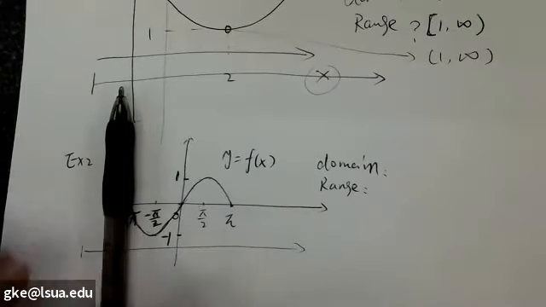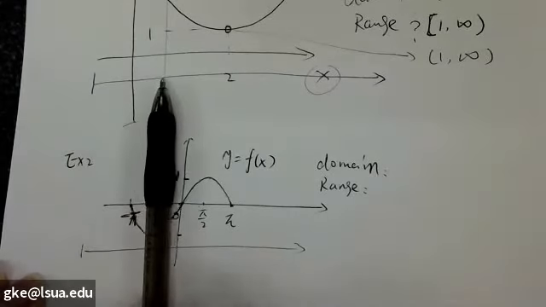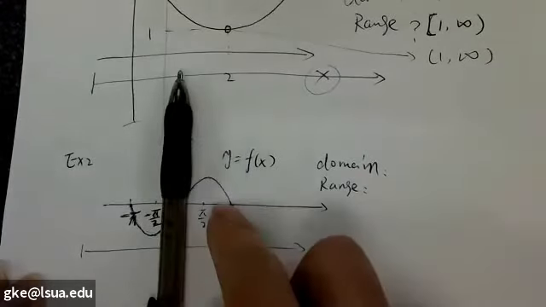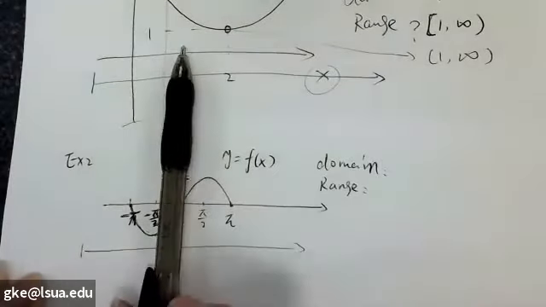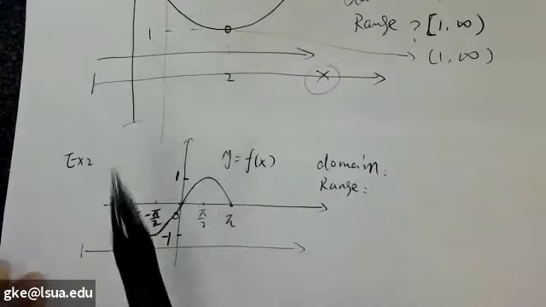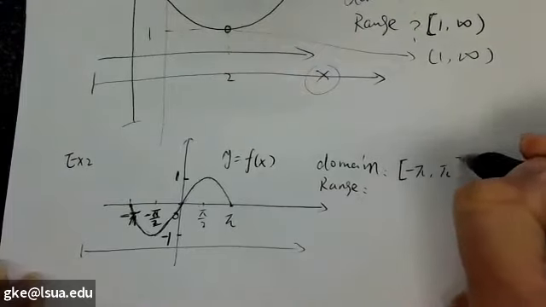This vertical line starts at this point and stops here, at pi, because here we don't see the curve going down. So from this point to this point, the domain is negative pi to pi.